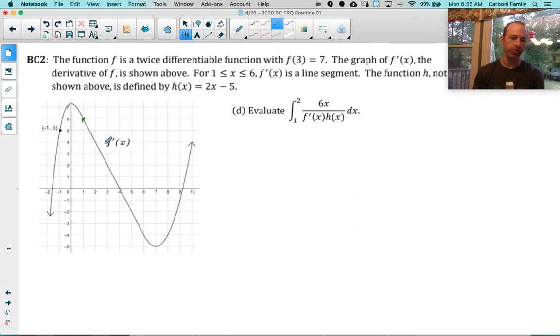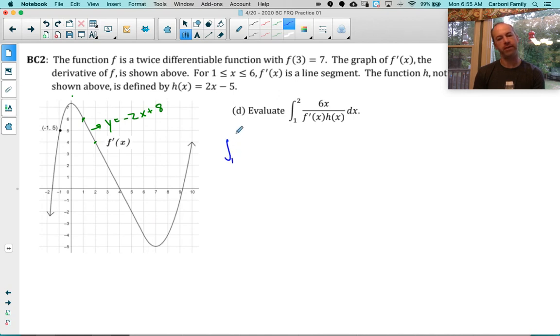This time we're only going from 1 to 2, but from 1 to 2, I am part of that line. And so the linear equation right here has a slope of negative 2. And if you followed that slope up, that would have a y-intercept of positive 8. And so this is my equation for f prime on this linear segment. So I'm going to substitute that in.